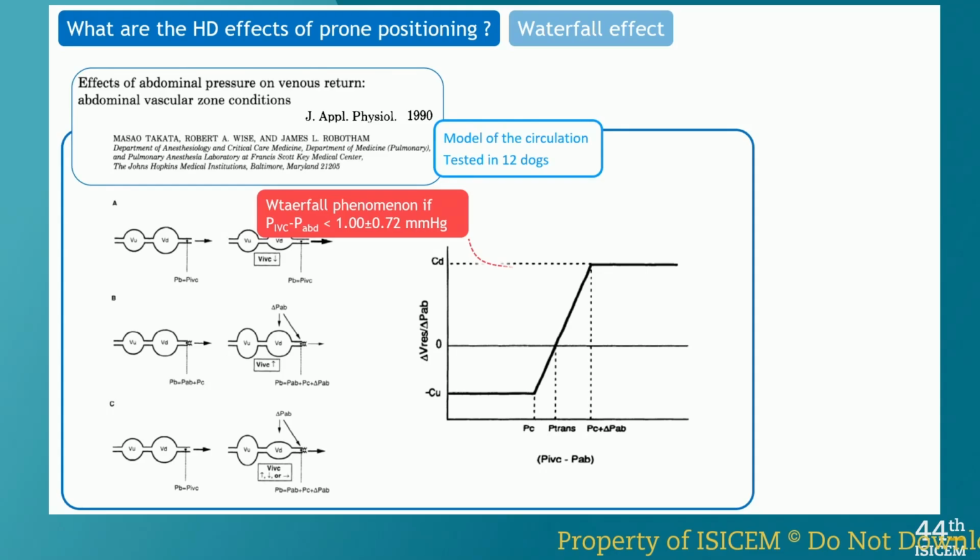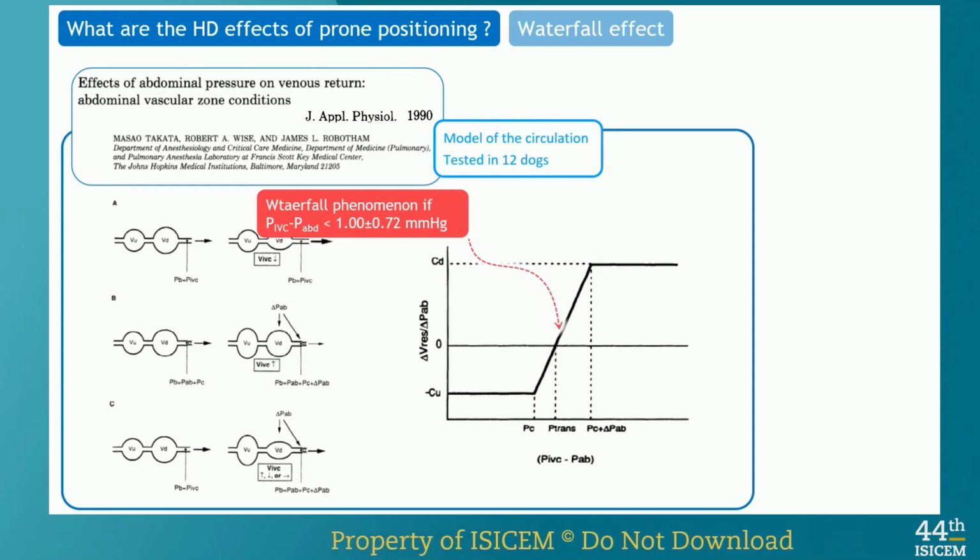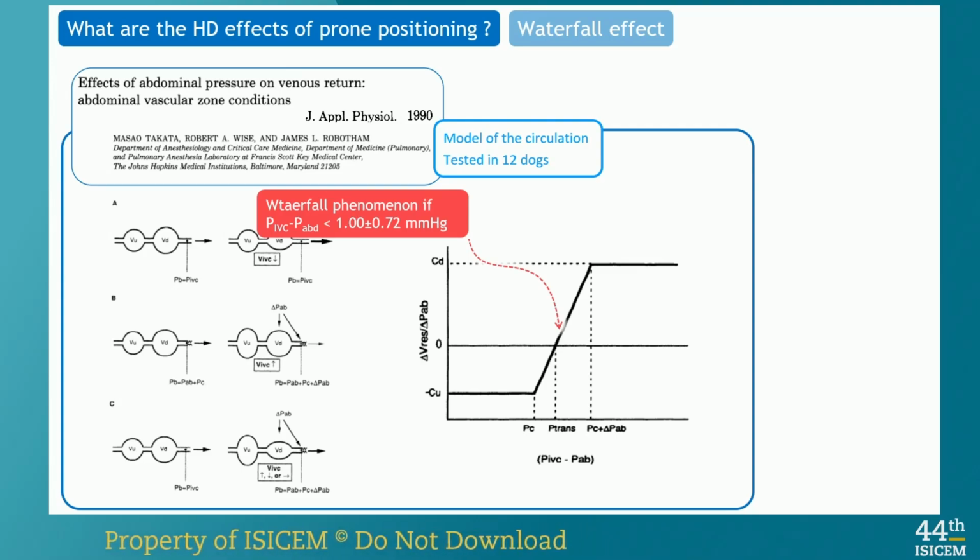And in this well-known study by Takata and Robotham, this occurred for a given threshold of difference of pressure between the intramural pressure of the IVC and the surrounding intra-abdominal pressure.